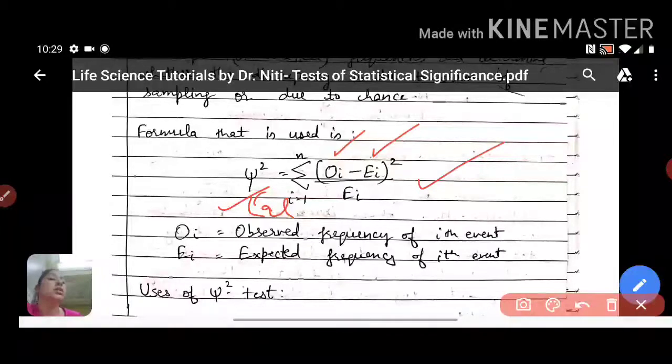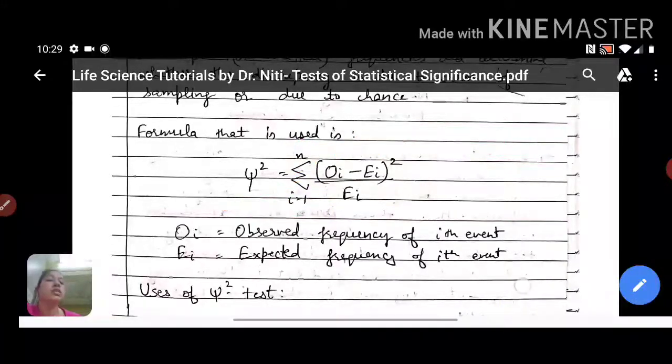In a series there will be a number of observations, and you have to number these observations from 1 to n. By using this formula you can calculate the chi-square value.